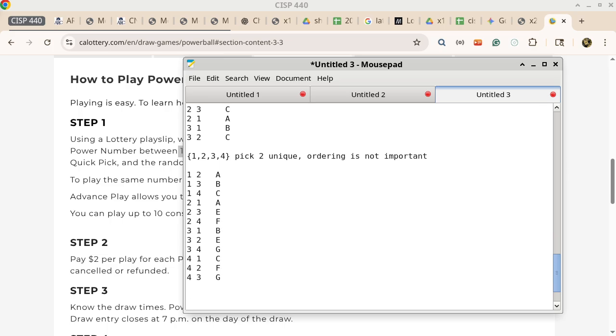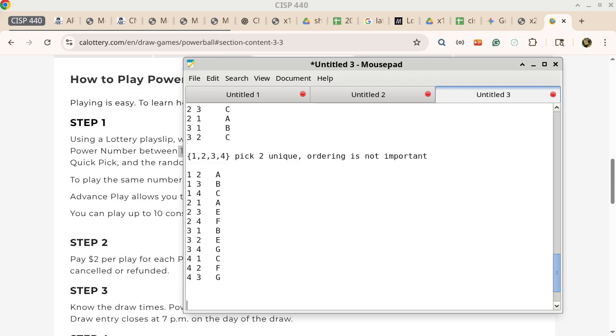So the question is, if I want you to calculate the number of combinations for picking 5 out of 69, are you going to do it this way? Because that would definitely be a not good use of your time. So now the question is, how do we do this?